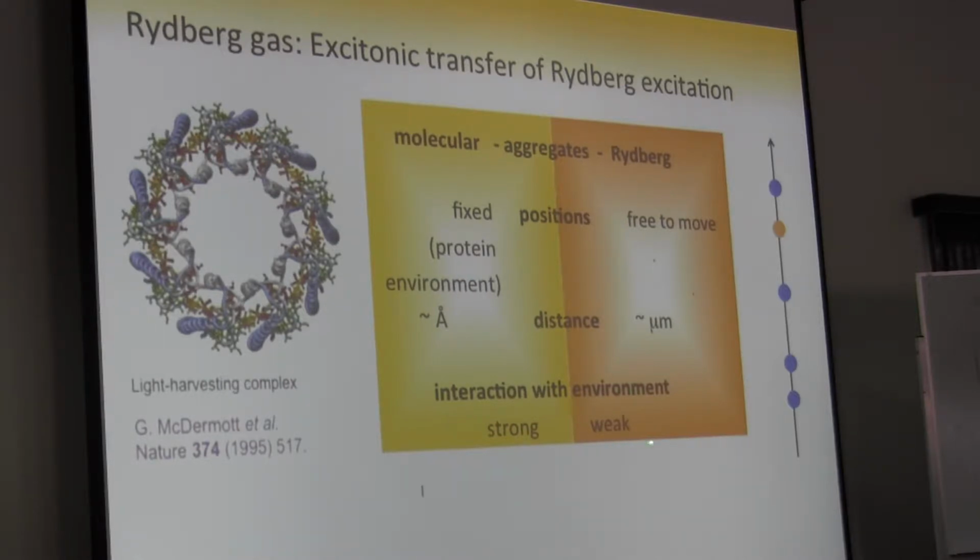And the interaction with the environment is then by construction really weak. So we can study in a very pure way this excitonic transfer and transport along these chains. You can see it can be done, and can think later on making networks of the Rydberg atoms and see how different paths come from coherent or incoherent excitation transport.